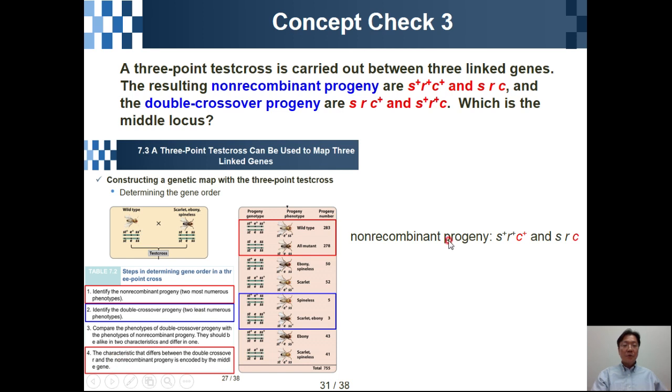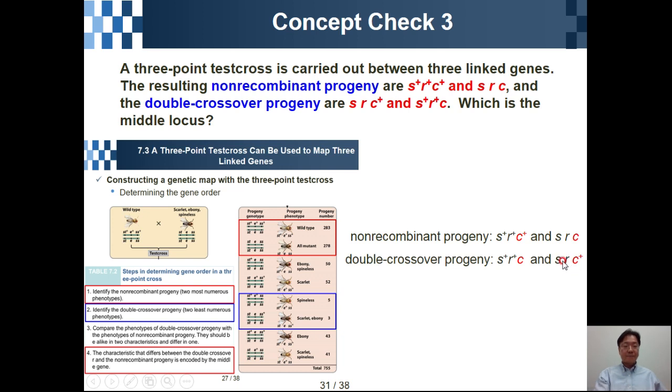This is the non-recombinant progeny, S plus R plus C plus and S R C. And this is the double crossover, S plus R plus C and S R C plus. If you see, the difference between the non-recombinant progeny and double crossover progeny is C. So it means that C is the middle locus.